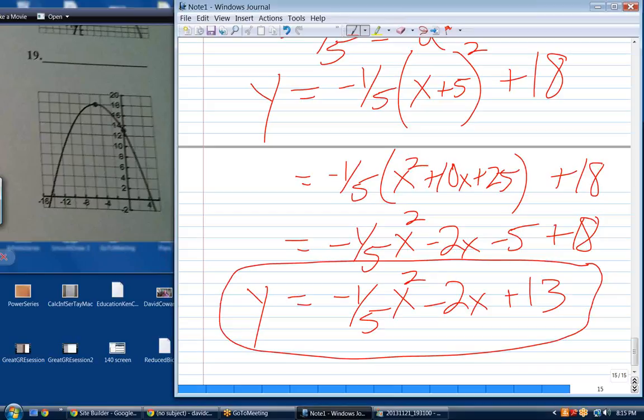The zeros will be the same. In other words, I could multiply this by minus 5, and these two zeros would be the same between this function and the function I would end up with, because it doesn't affect the zeros, but it does affect the function. It affects where the vertex is, whether it opens up or down, all of that good stuff. So I think standard format, you're going to have to leave it like that.